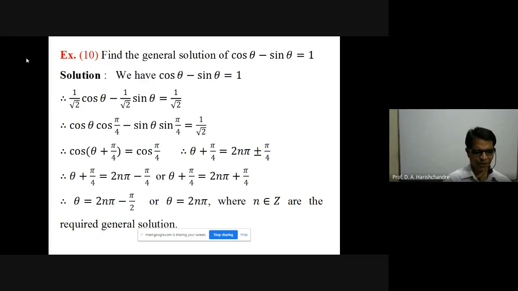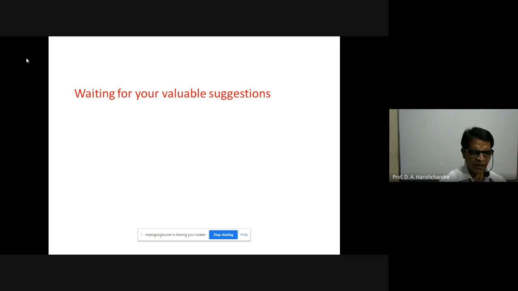After simplification, you will reach the next step. Theta is equal to 2n pi minus pi by 2, or theta is equal to 2n pi, where n belongs to z. So these are the required general solutions of the given trigonometric equation. Now these are some varieties of examples and solutions we have discussed here.